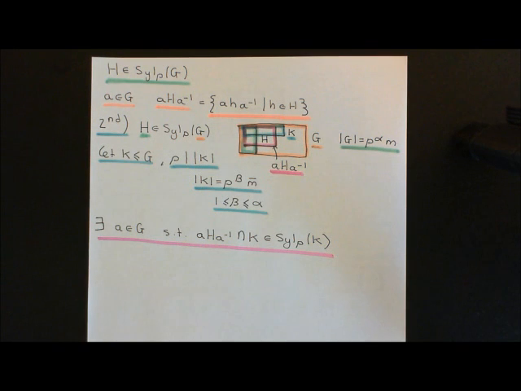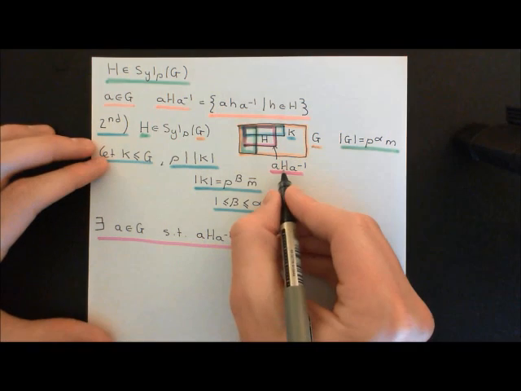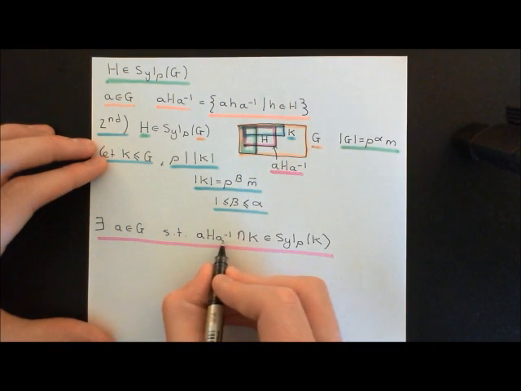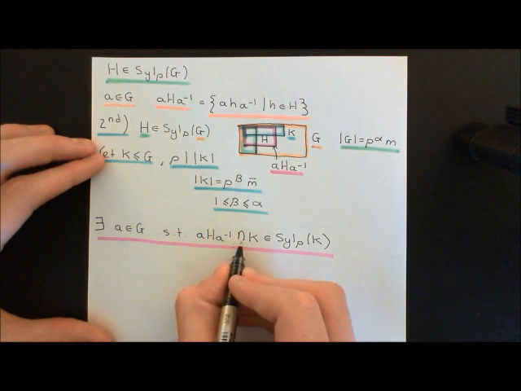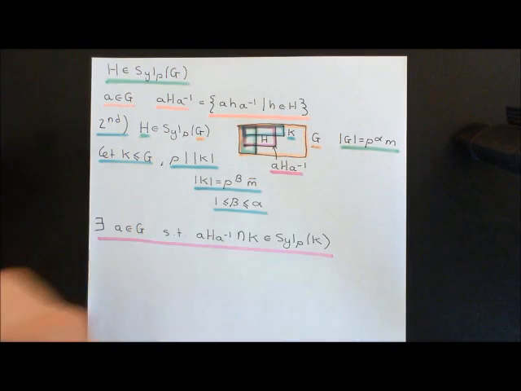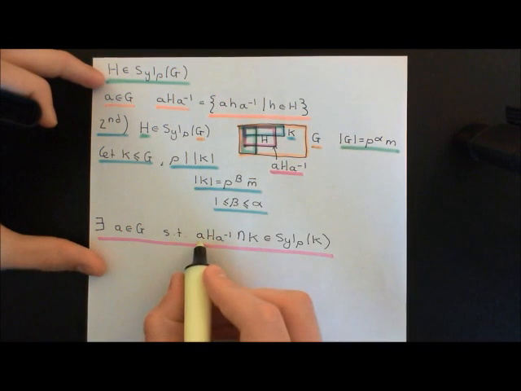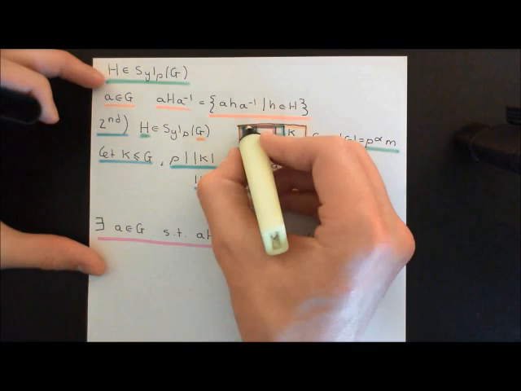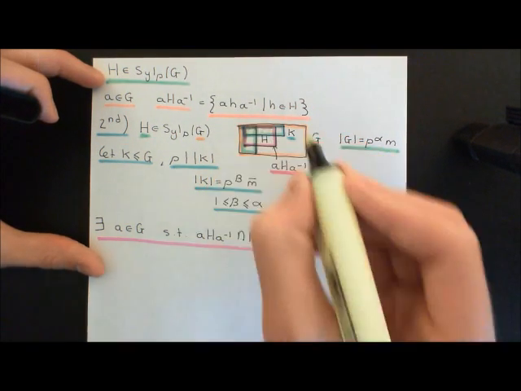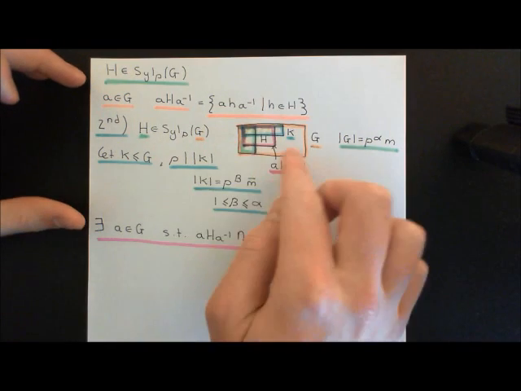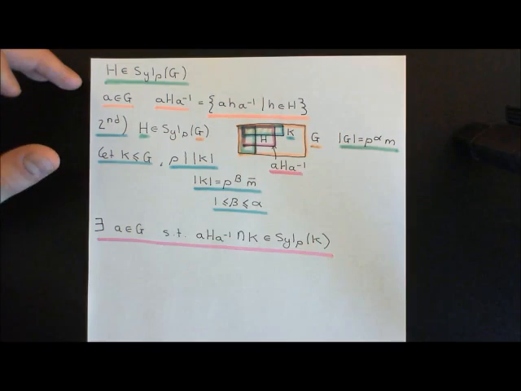So you can find some conjugate of capital H such that if you take the intersection of aHa inverse with this subgroup K, now what's that in terms of our picture here? Well, the intersection of the conjugate of capital H under the element little a with the subgroup K is this yellow portion here. It's the portion of the purple set that intersects with the turquoise set.